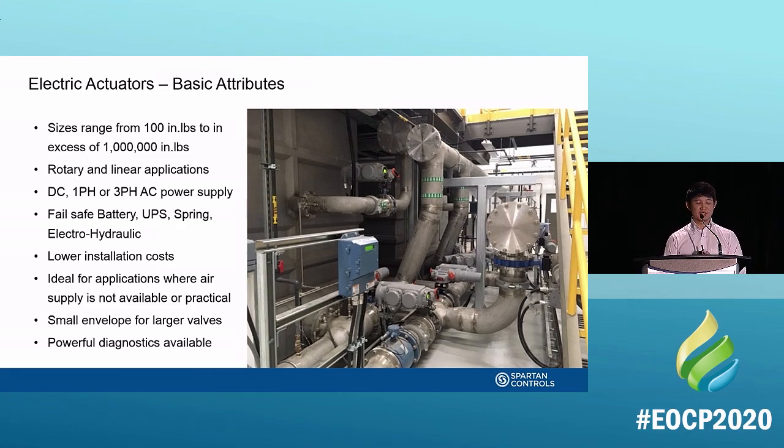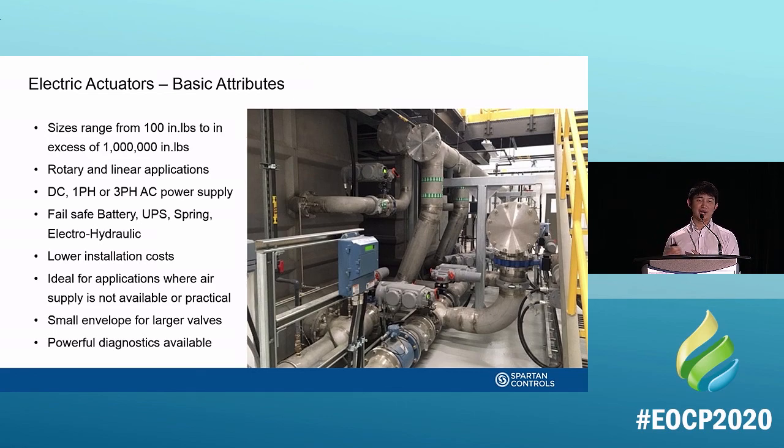Electric actuators come in all different shapes and sizes. We can do them for extremely small torques or thrusts up to extremely high torques or thrusts, so you can see there's a large size range. We can do electric actuators in both rotary and linear, but we need to know beforehand because they're not easily interchangeable. We're able to do them for all different types of power supplies, but not all of them are able to take all power supplies.